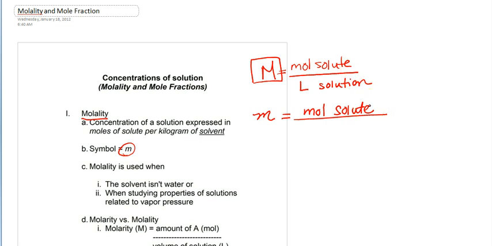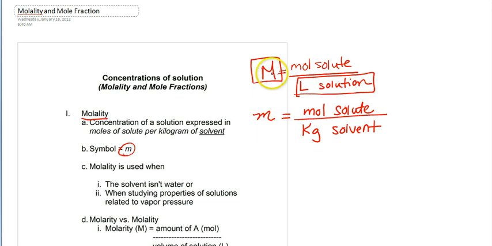However, what changes is the denominator, and it's now per kilogram of solvent. So this is only looking at the mass of the solvent, not the mass of your solute. With molarity, you're looking at the whole volume of your solution, and that would include whatever solute you have added to it.